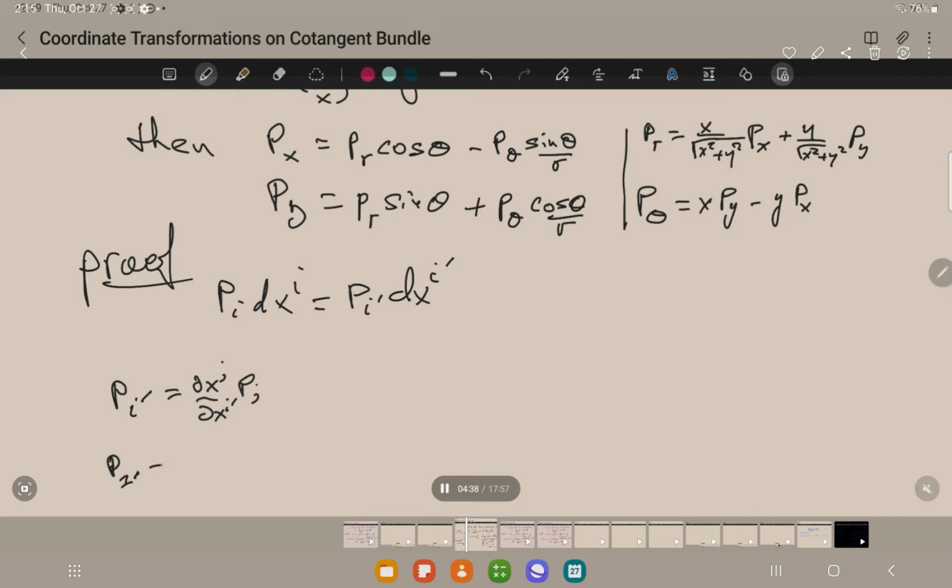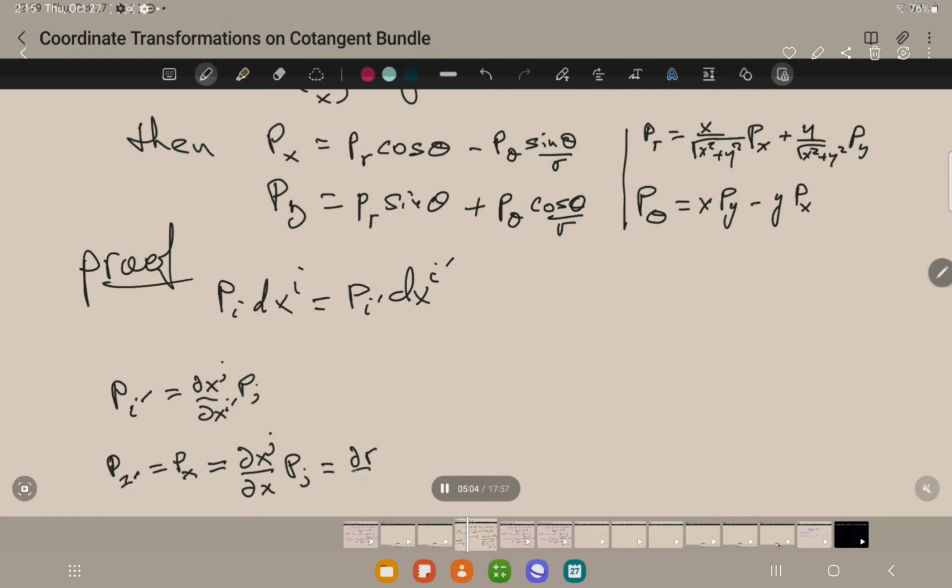For example, P1 prime is going to be Px. According to the formula, it's the sum over j of the partial of xj with respect to x1 prime, times Pj, and P1 prime is Px. Of course, j goes from r to theta.